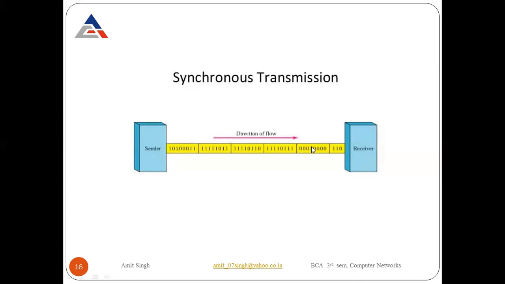The packet is finished, the frame is finished, then again the next frame starts, then the next frame, then the next frame. So one thing is clear, no gap is there. Second, no start and stop is there, only the continuous flow of data. The stream of bits is in continuous form. This happens in the form of synchronous transmission.